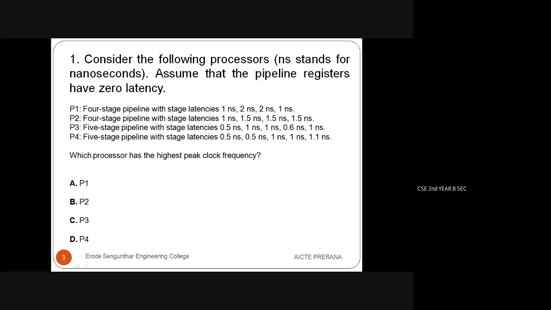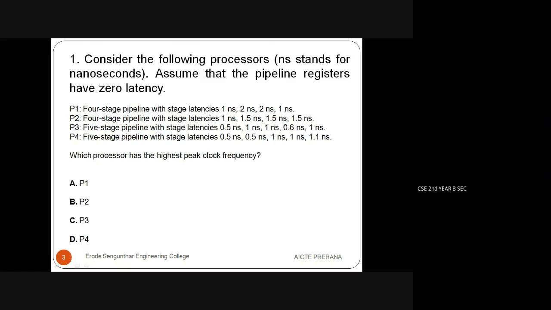Here they have given P1, P2, P3 and P4 as the four processors. P1 is a 4-stage pipeline with stage latencies 1 nanosecond, 2 nanoseconds, 2 nanoseconds and 1 nanosecond.